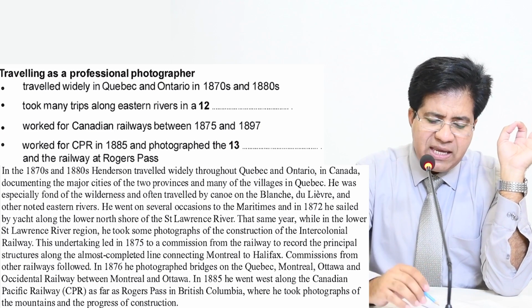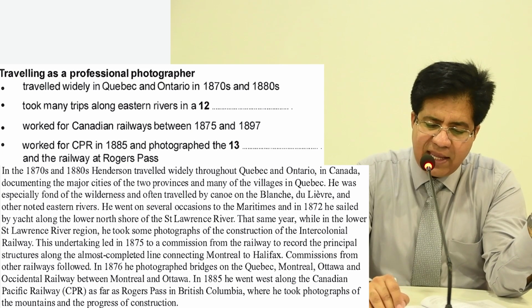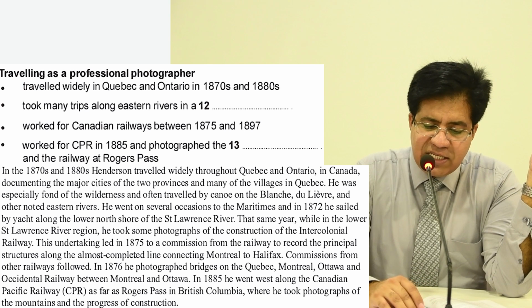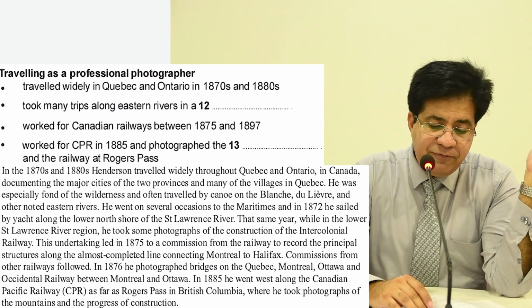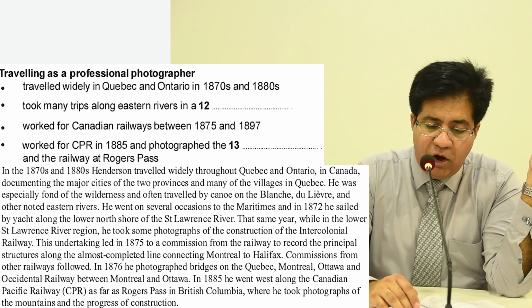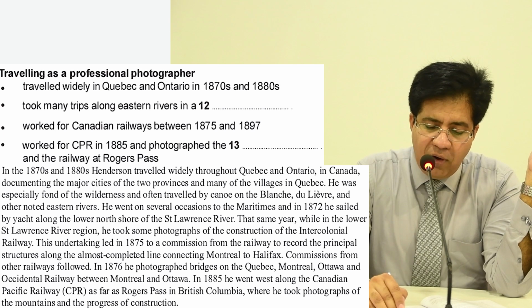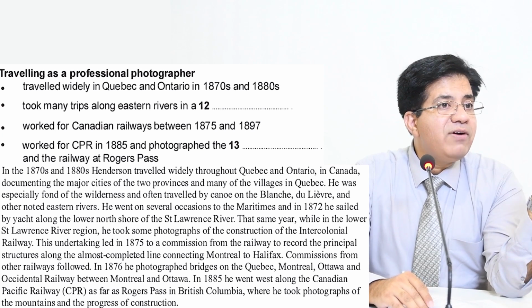I'm reading it from the beginning. In 1870s and 80s, Henderson traveled widely throughout Quebec and Ontario in Canada, documenting the major cities of two provinces and many of the villages in Quebec. He was especially fond of wilderness and often traveled by canoe on the Blanche, du Lièvre and other noted eastern rivers. Now, what does it mean?